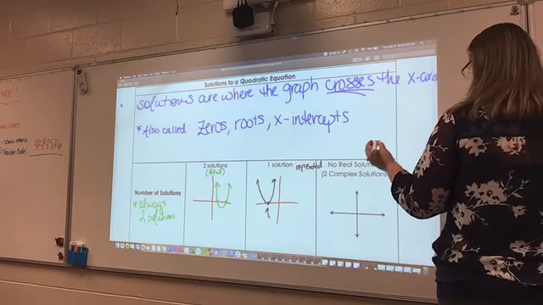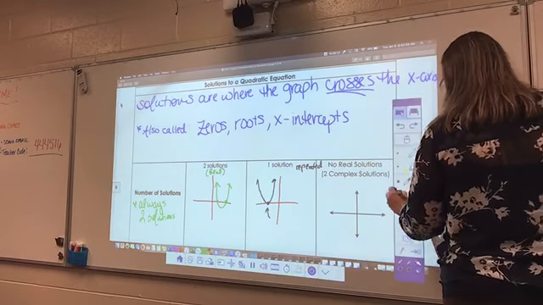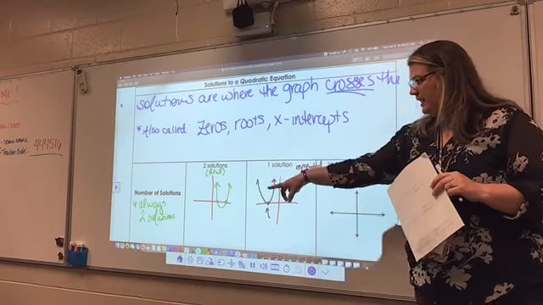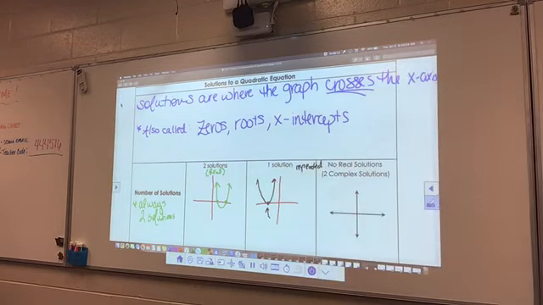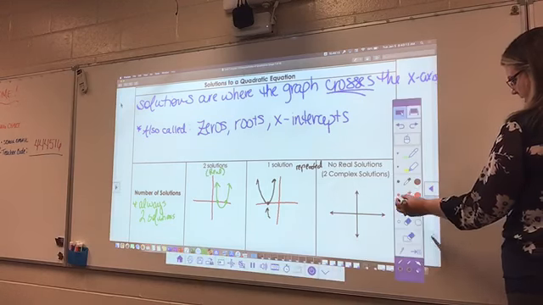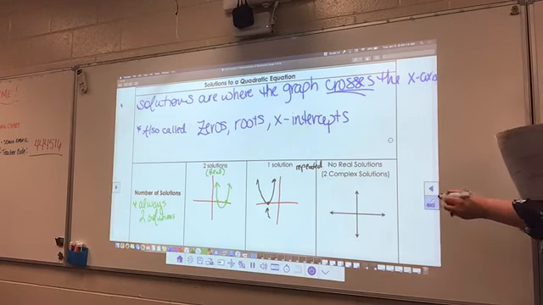All right. This one says two complex solutions. Notice that we've had the graph where you can see both sides of the quadratic going through the x-axis, and the one where just the vertex is touching the x-axis. This one would be where the quadratic is nowhere around it.